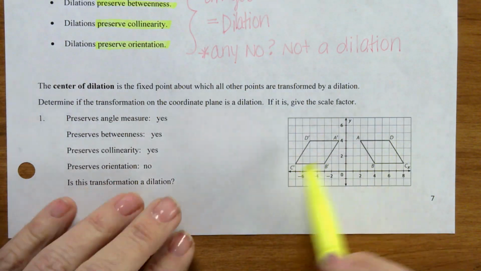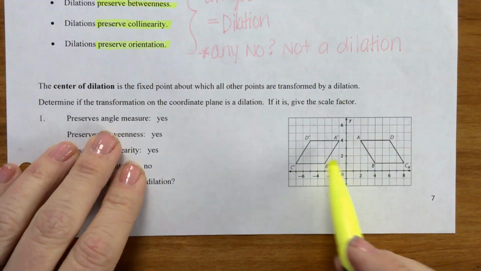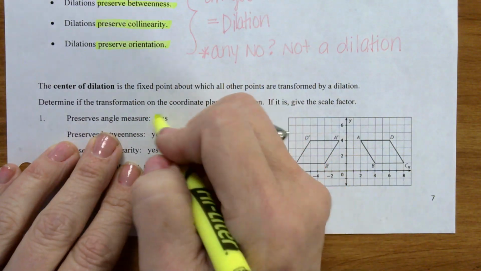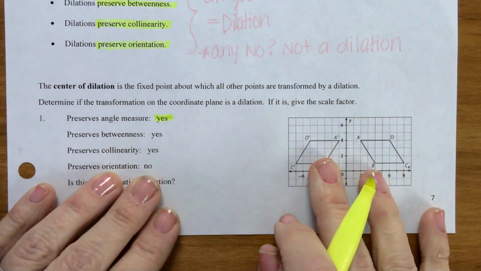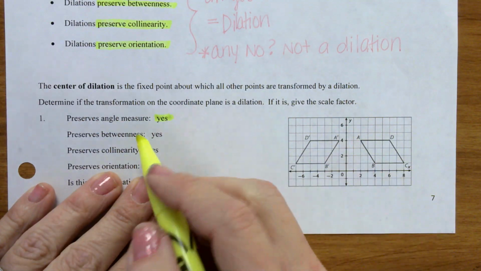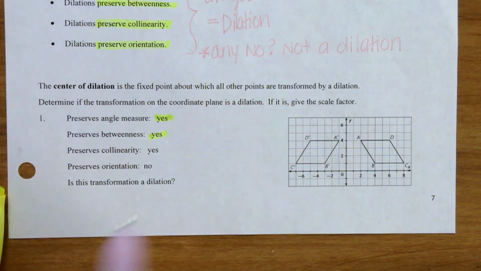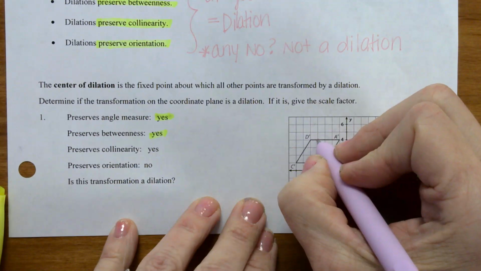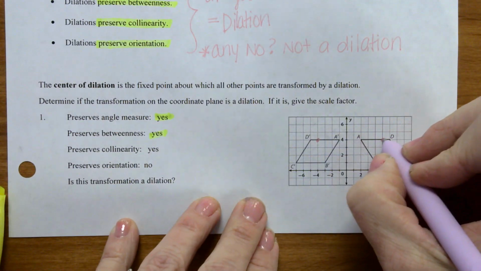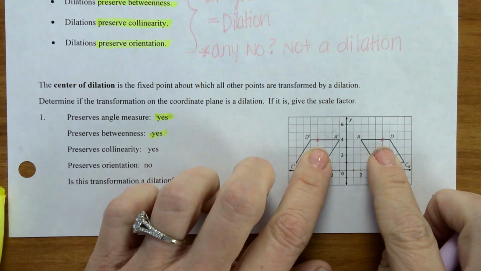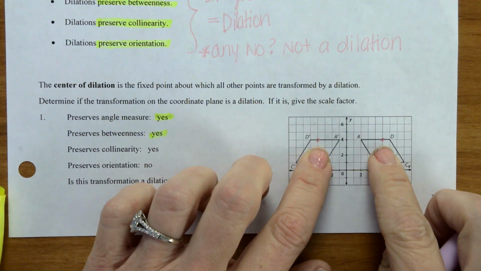Here are these. Preserves angle measure, yes. And we could verify that with a protractor if we wanted to. Preserves betweenness, yes. This point right here is still between the same betweenness where they are on each leg.